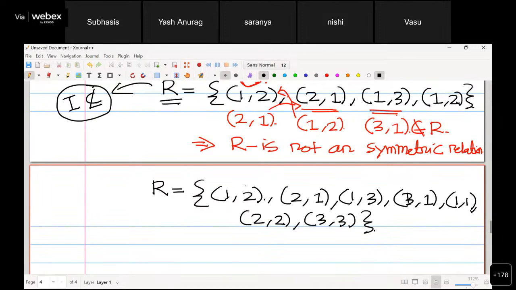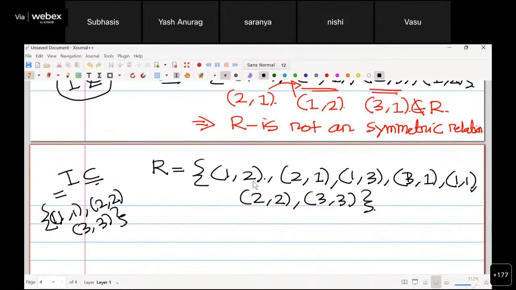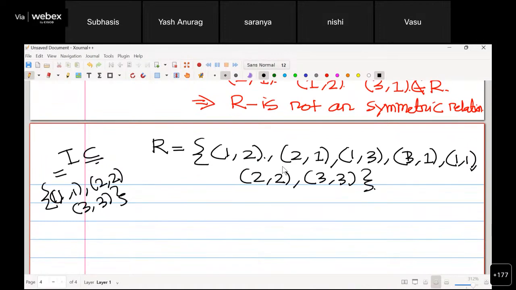Now you can see that R actually contains I: (1, 1), (2, 2), (3, 3). So R contains I, which means R is a reflexive relation.